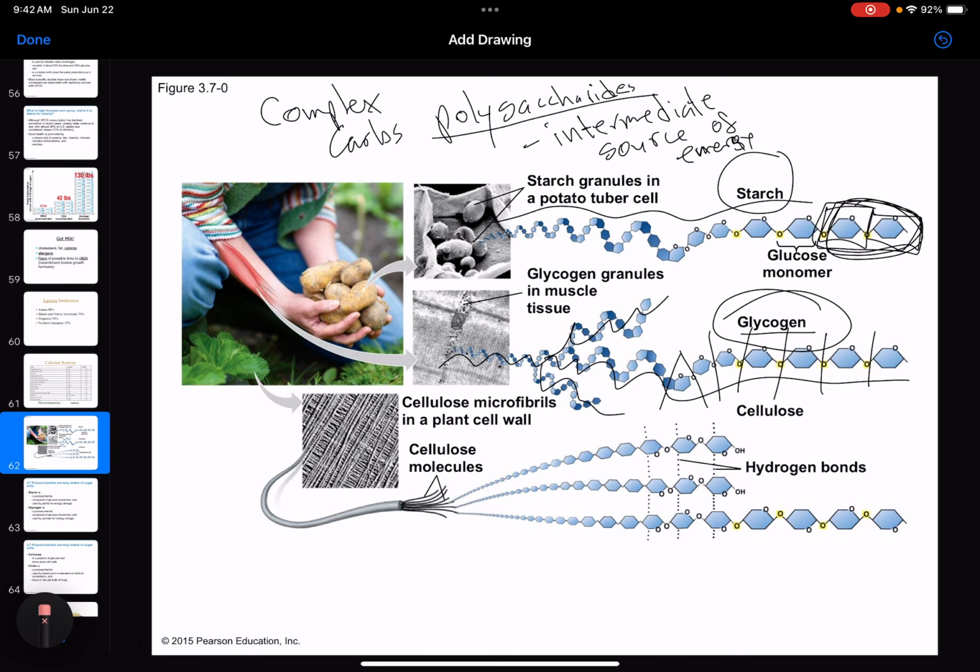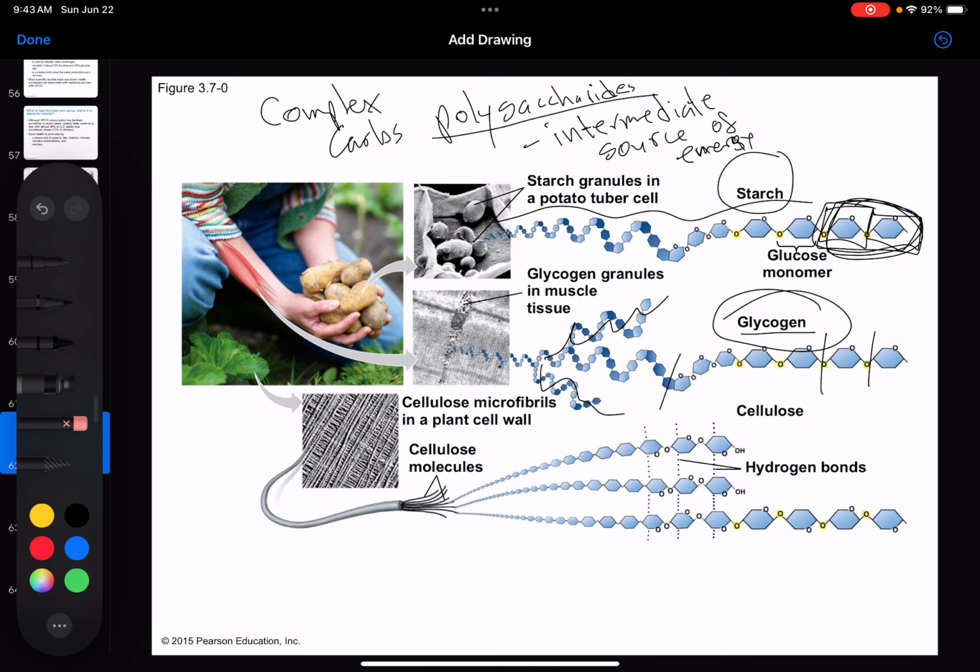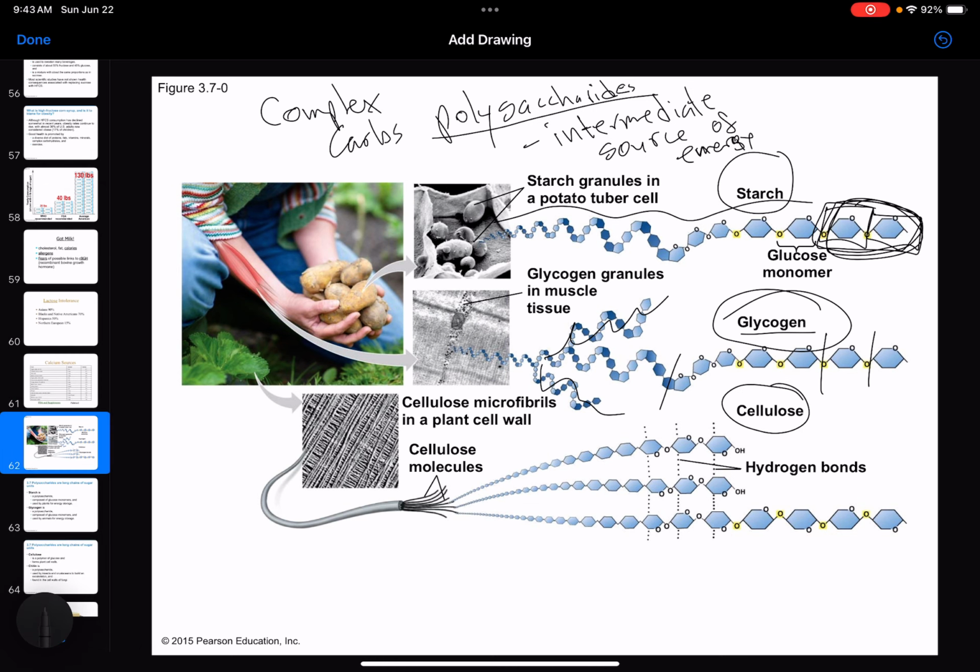Okay, so we've covered the complex carbs. Notice that I haven't talked about cellulose down below. All right, what is cellulose? Cellulose is a very important complex carb or polysaccharide. This is otherwise known in society as fiber in your diet. This is what you get from eating salads.